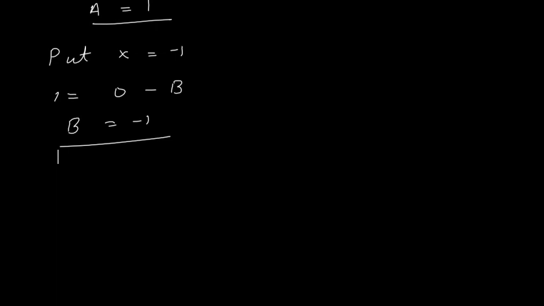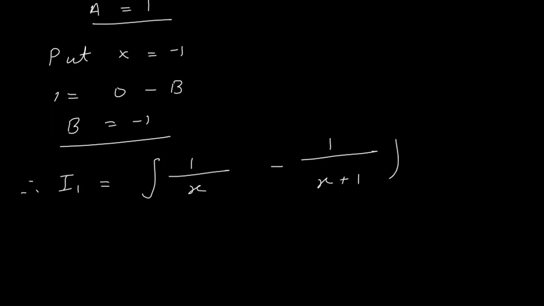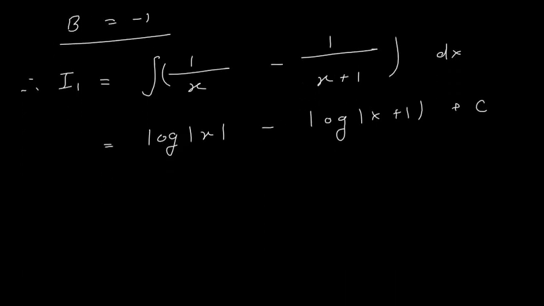Therefore I1 is equal to the integration of a upon x, that is 1 upon x, plus b upon (x plus 1), that is minus 1 upon (x plus 1), into dx. Now the integration of 1 upon x is log x, and the integration of 1 upon (x plus 1) is log (x plus 1), plus the constant of integration, which I will take as c.